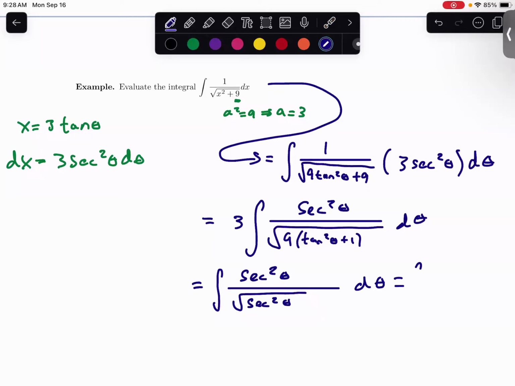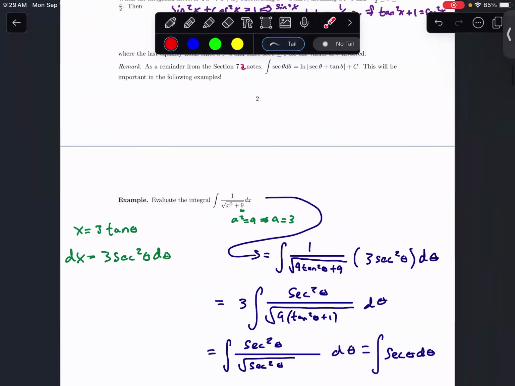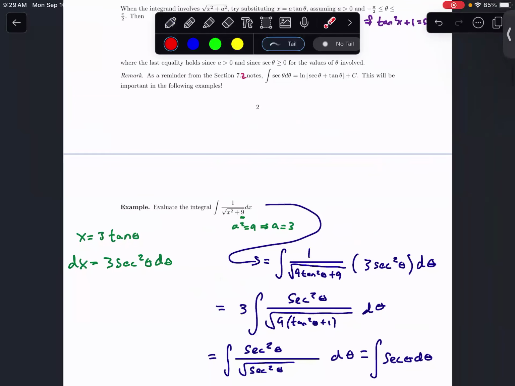So this is really just the integral of secant theta d theta. And we see from the previous page, I feel bad about not deriving it, but we're just going to use it: the integral of secant theta d theta ends up being the natural log of secant theta plus tangent theta. You can see if you take the derivative of this function, it ends up being secant theta.